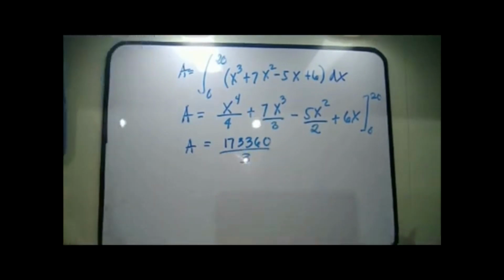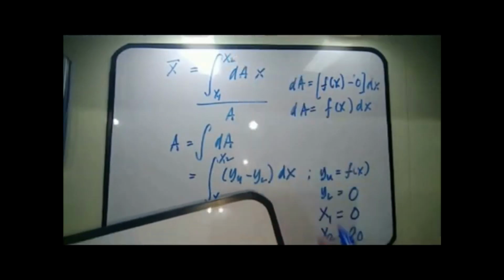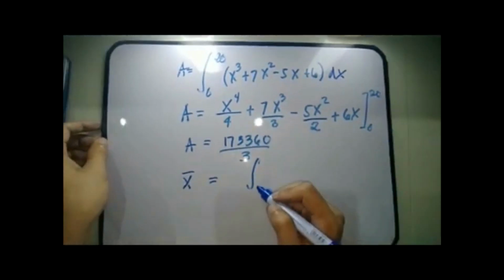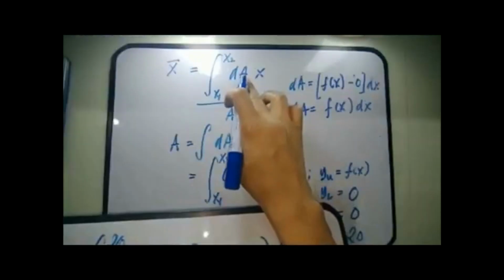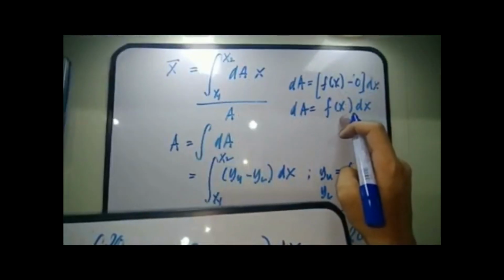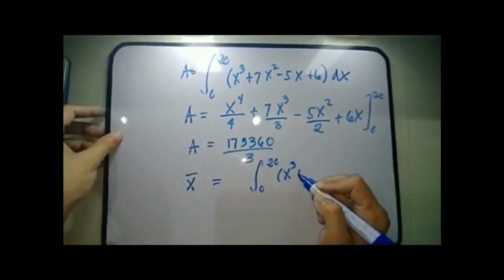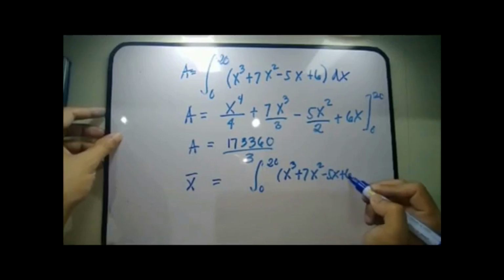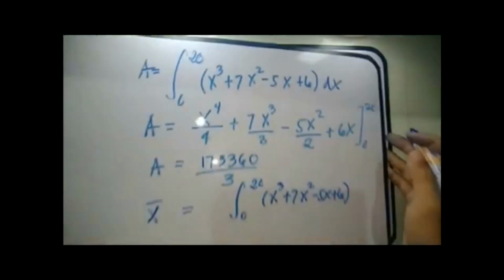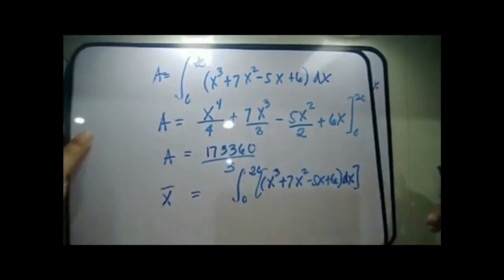So, x bar will be, you have here differential of a. Differential of a is x cubed plus 7x squared minus 5x plus 6, so that is f of x dx. Then, times x based on the formula na na-derive natin kanina.